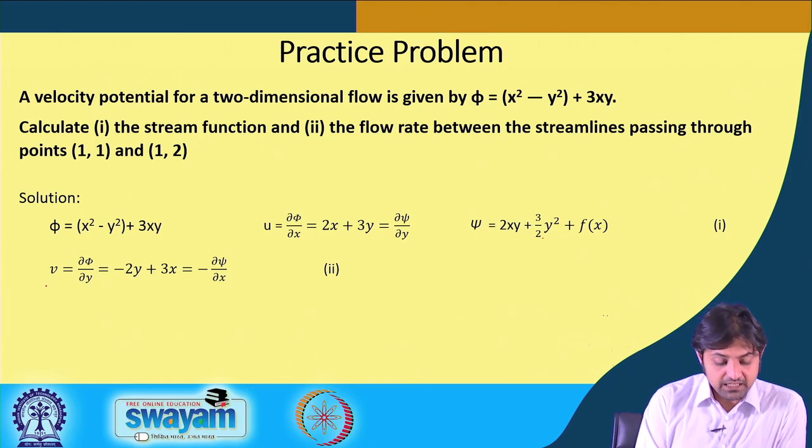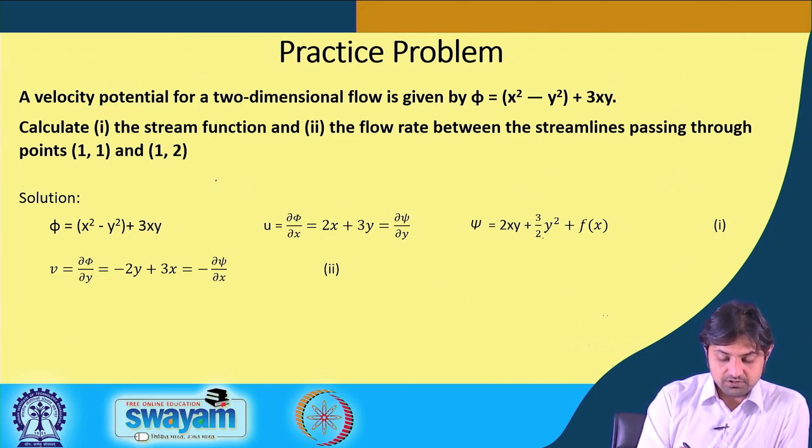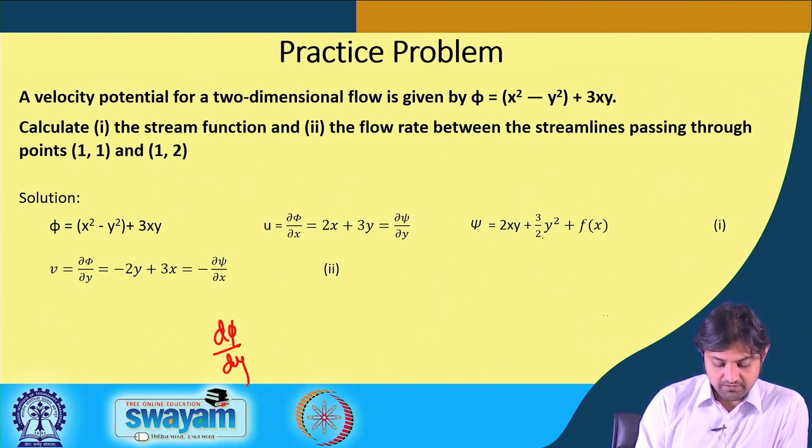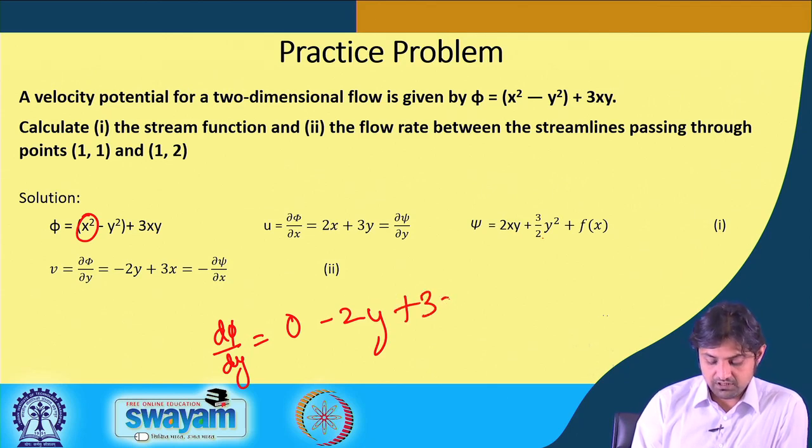Similarly, v is given as minus del phi by del y. So, we should calculate this. Del phi by del y is equal to, see, x will become 0, because there is no y term here. So, this will be 0 minus 2y plus 3xy will give 3x.